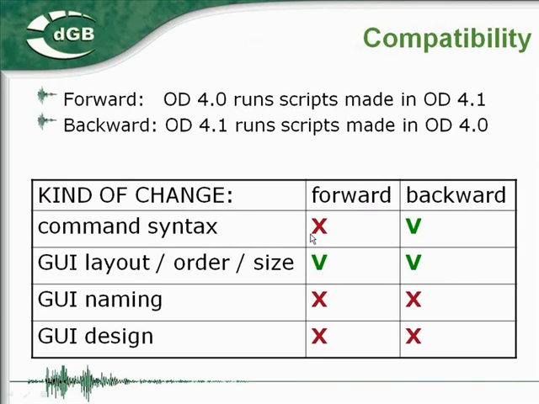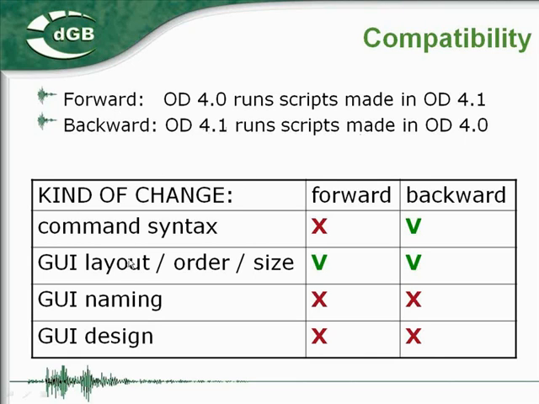I have to say something about the compatibility of the script language. There are two types of compatibility. Forward compatibility, which would mean that, let's say, OpenTect 4.1 can run scripts that are made in OpenTect 4.1. And there is backward compatibility, which means that OpenTect 4.1 can run scripts that are made on OpenTect 4.0.